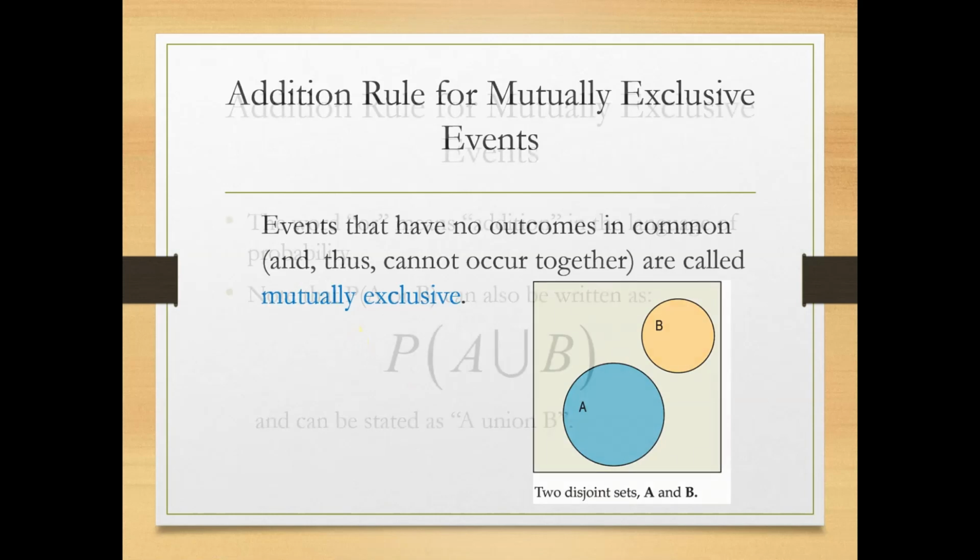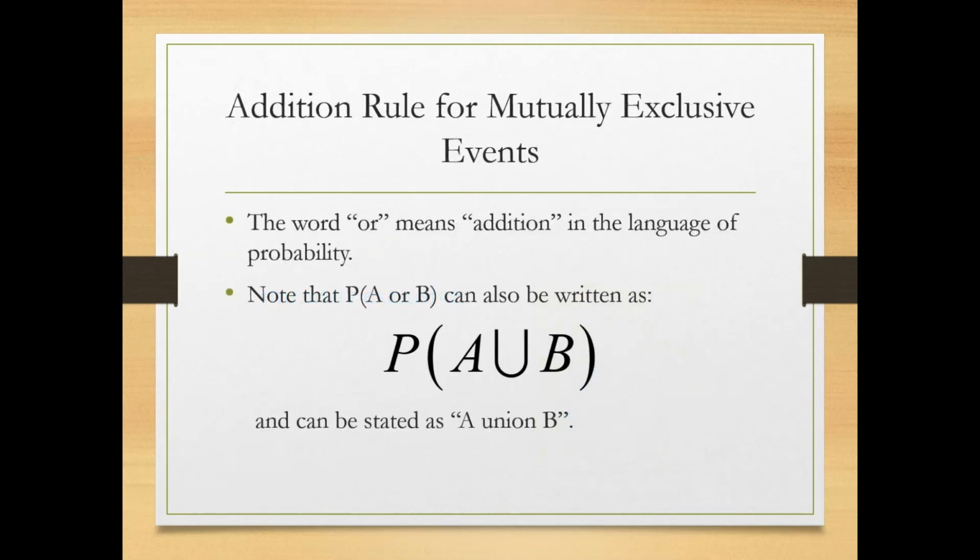So if you have 2 events that are like that, they will be A or B. Probability of A or B. Or means addition in the language of probability, and means multiply, which we will see later on. So you can write the probability of A or B with this kind of set notation. We covered this a little bit in class. This symbol means or. It also means union. It's just a set symbol that means or.